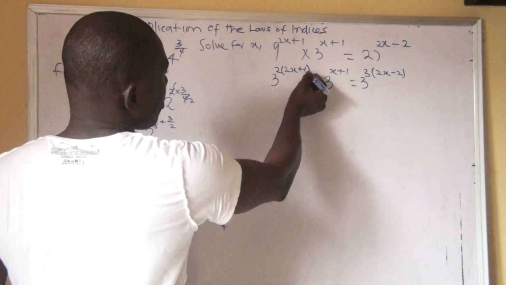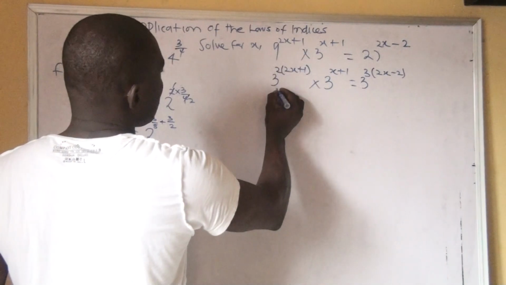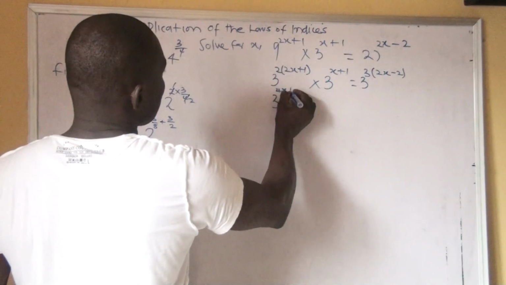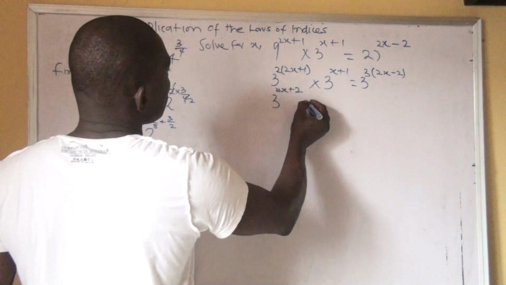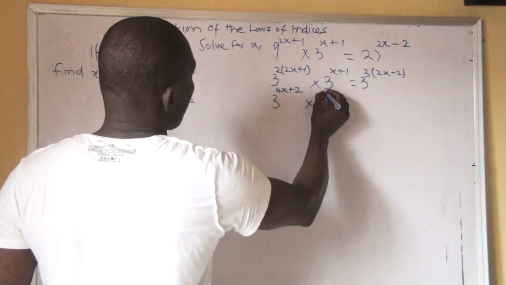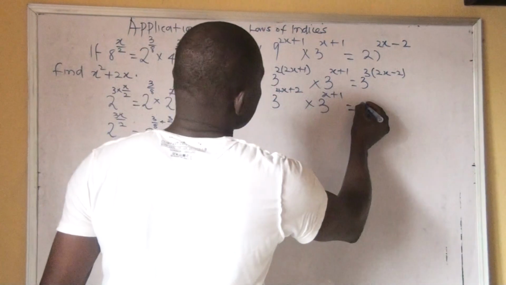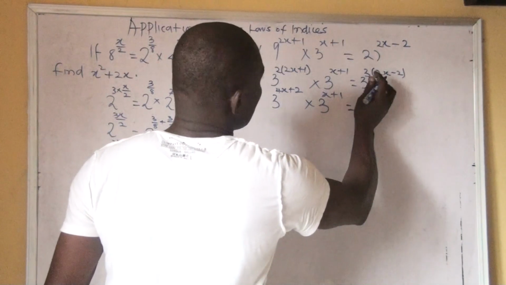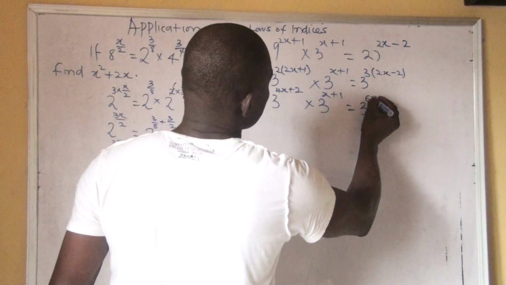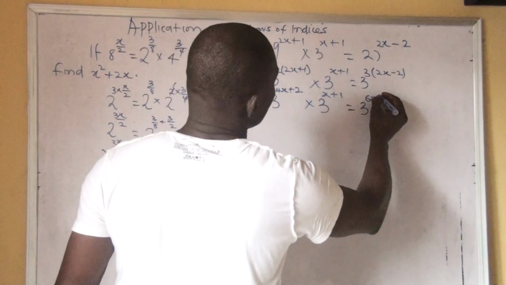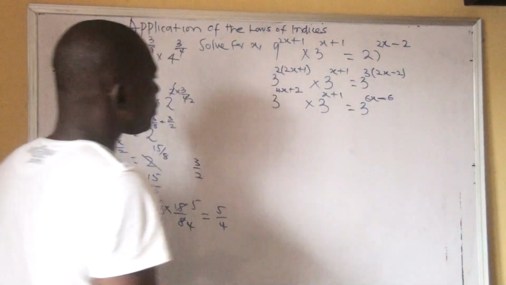So the next thing is, let's open this bracket with this power here. 2 times 2x is 3 raised to the power 4x, 2 times 1 gives us 2, times 3 raised to the power x plus 1, is equal to, on the right hand side, 3 raised to the power, you open the bracket, 3 times 2x gives us 6x, then 3 times minus 2 gives us minus 6 as well.